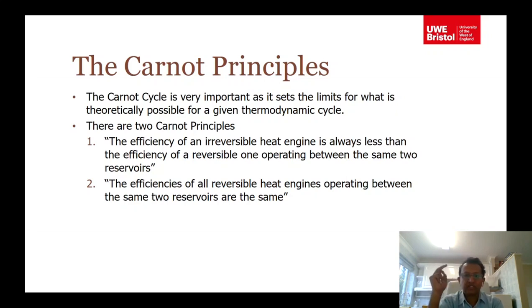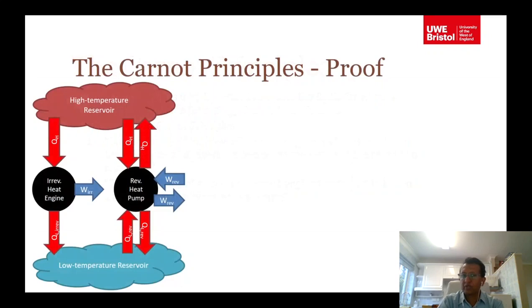That efficiency doesn't change, whatever the heat amount drawn. Suppose you have a reversible heat engine and an irreversible heat engine. Your reversible heat engine has the maximum efficiency. That is a reversible engine. This is an irreversible engine.